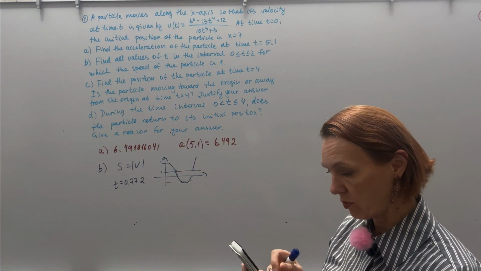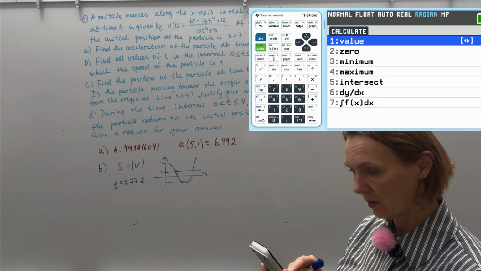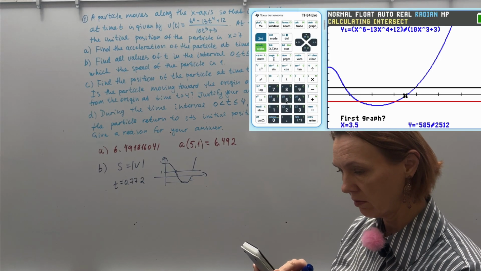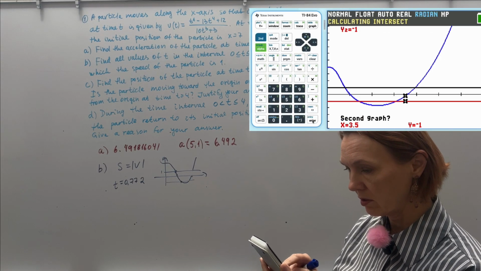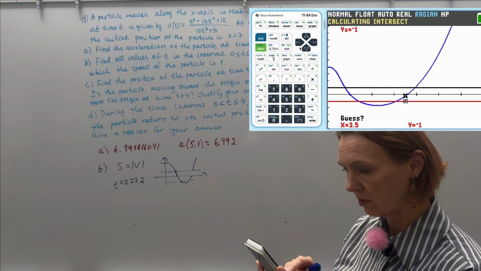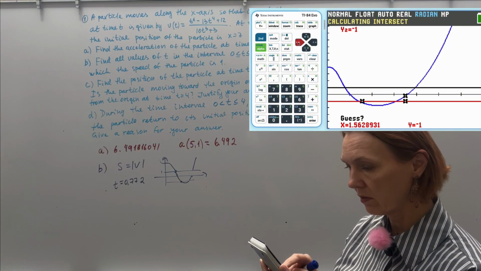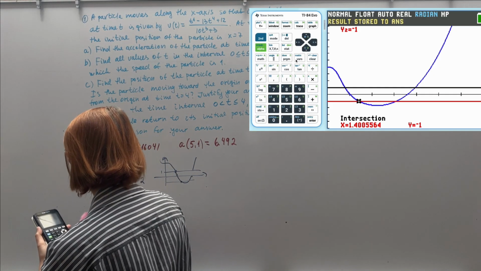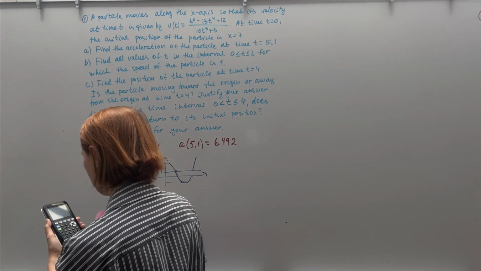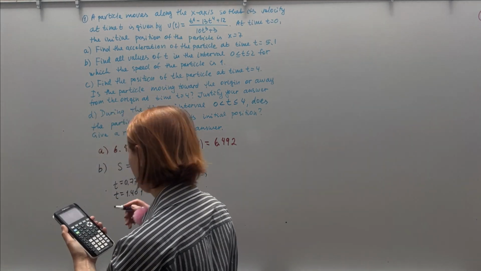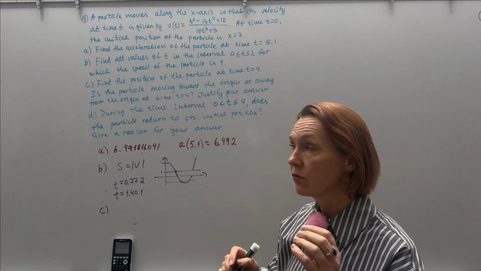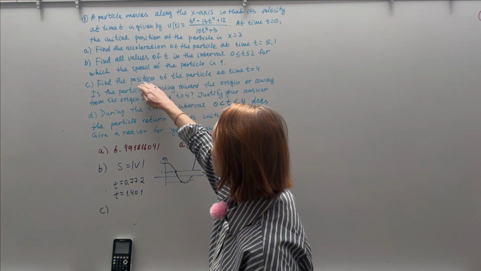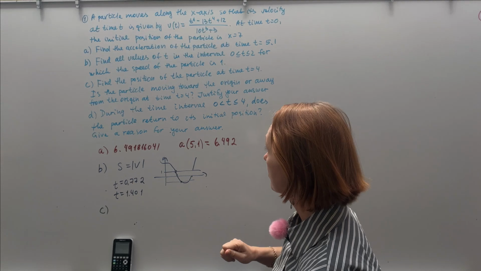And then for the second point, the first curve is the blue one, the second curve is the black one, and my intersection is t equals 1.401.